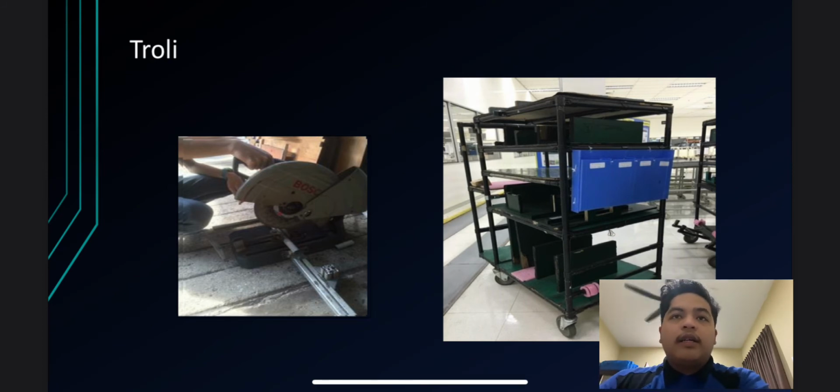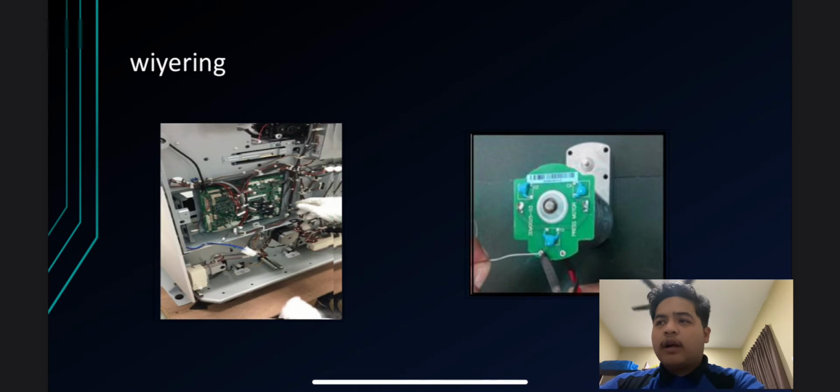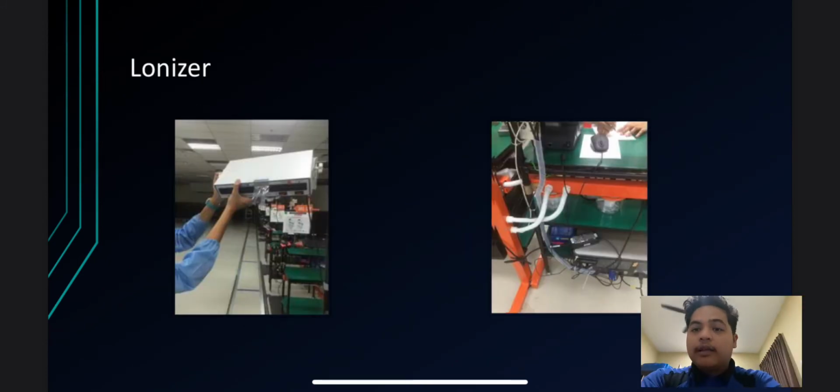For the second is wiring. The machine has many wiring, so this is one or two examples of the wiring I'm doing on the machine. So the next one is ionizer, or we call a driver.